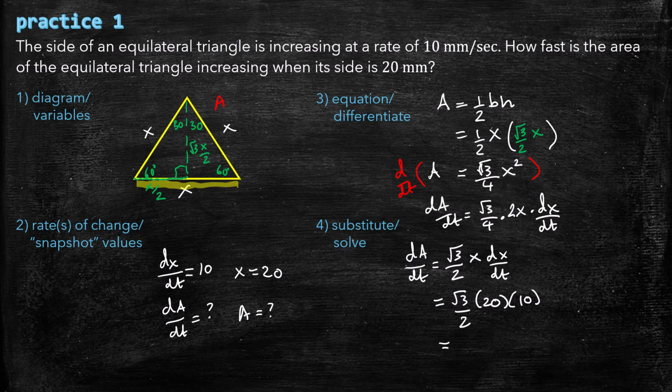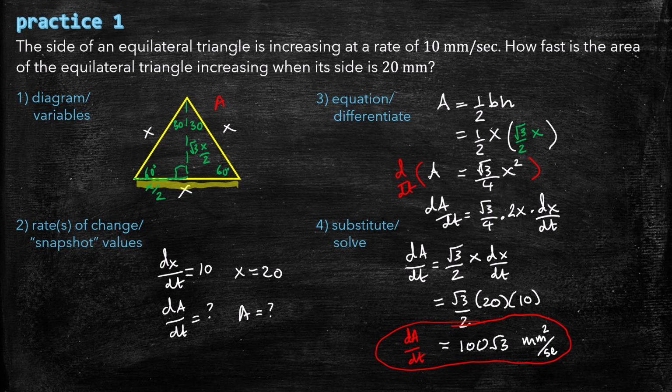And if we work that all out, we get 200 over 2 is 100 rad 3. And the units, because it's the rate of change of area, would be millimeters squared per second.